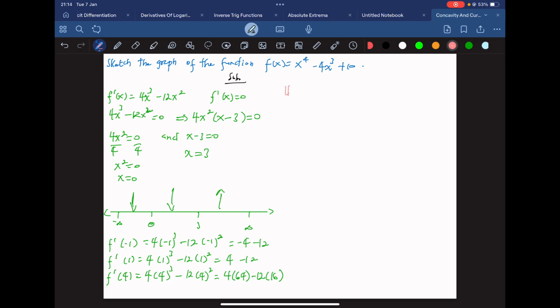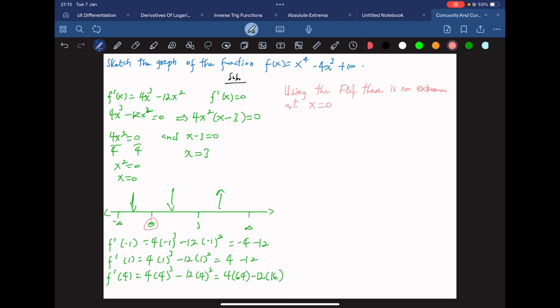So we can use the first derivative test, right? Using the first derivative test, we can see that there is no extremum. Remember, if the signs are the same, since they are going in the same direction, then there is no extremum at x equal to 0.